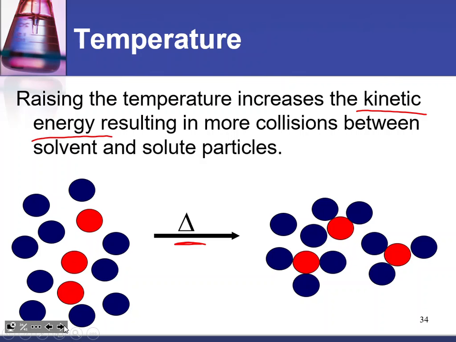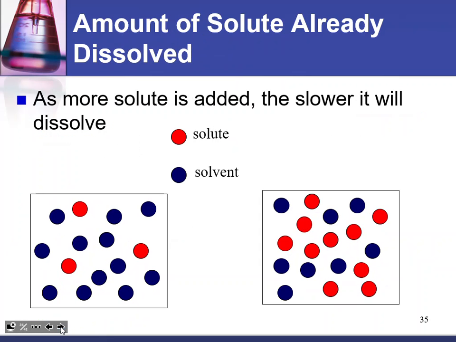Now, of course, if you're making a very concentrated solution, it gets hard at the end there to get the rest of it to dissolve sometimes. Because if there's already a lot of solute in there dissolved, there aren't as many spaces to put the other stuff. So it takes a while. So if you already have solid in there, taking up space, when you add more, it's going to take longer to dissolve. So when I'm making super concentrated substances, I have to shake it a lot to hopefully get it to mix faster.